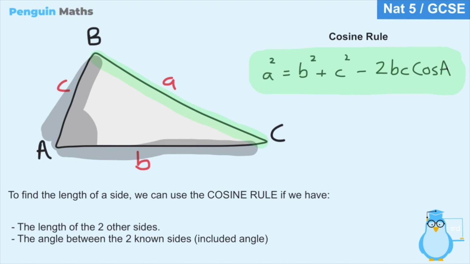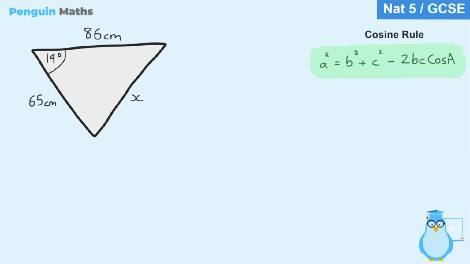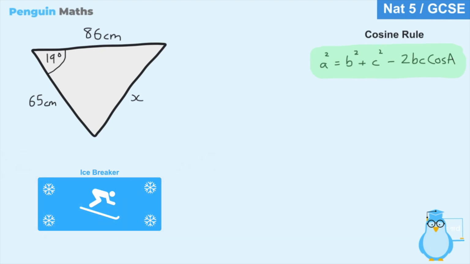So let's say for example we want to figure out the length of side a if we have both b and c and the angle between the known sides, which is also called the included angle. So if we know b and c, the included angle is going to be angle A. Okay, to show how we can use the cosine rule, I'm going to start by doing an example.